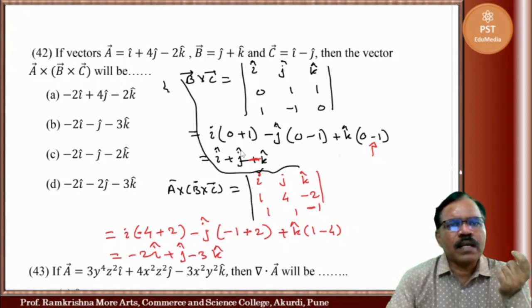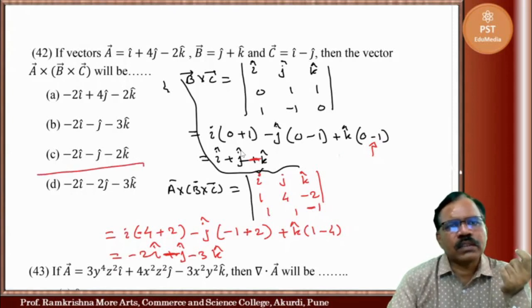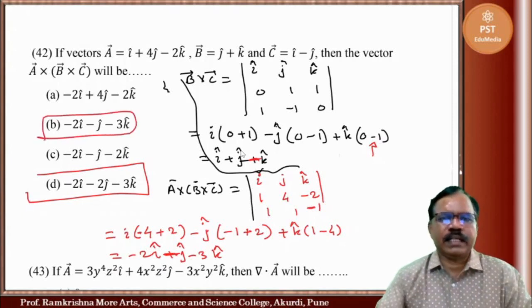Minus 2i minus j minus 3k. So this last one is correct. Minus 2i minus j minus 3k. This one is correct.